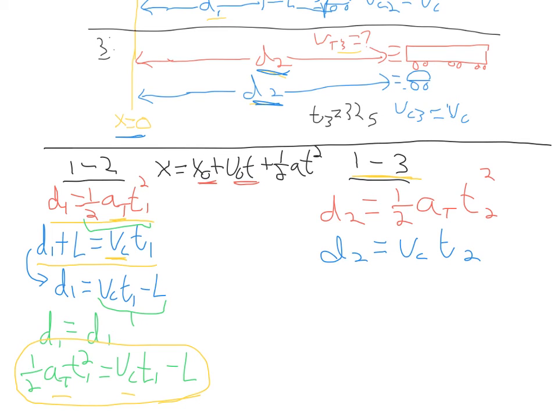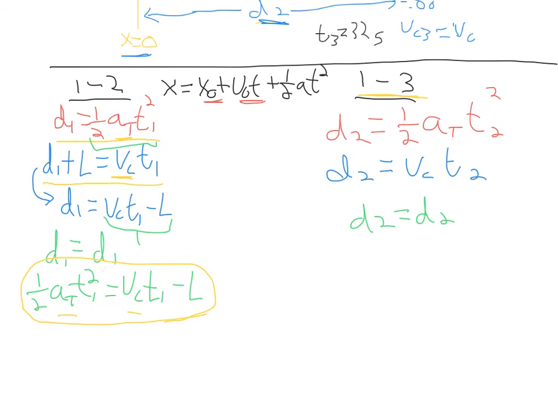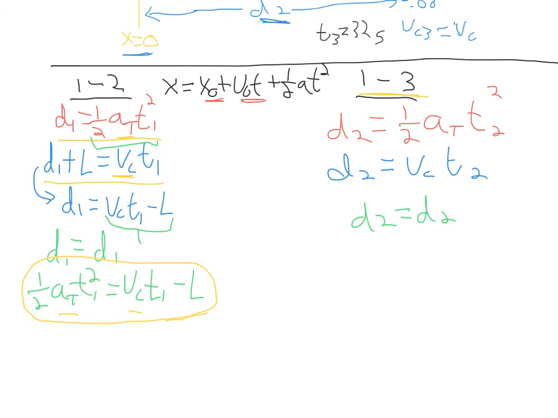And so once again, we know that d2 equals d2, and so we can once again combine our two equations. So we can write that 1/2 the acceleration of the train times t2 squared is going to be equal to the velocity of the car times t2.